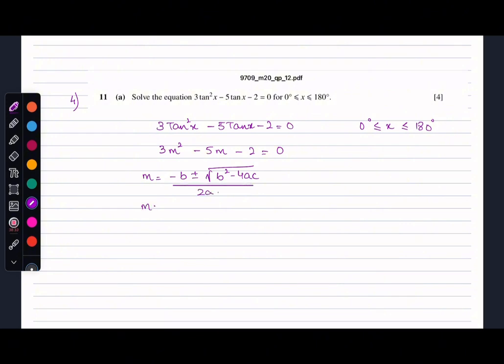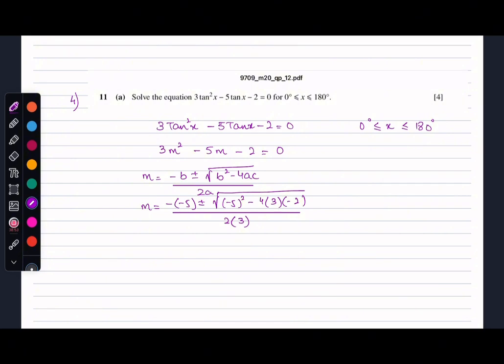So b is negative 5 plus minus the square root of negative 5 the whole squared minus 4 times 3 times negative 2, and this then should get divided by 2 times a positive 3 here.